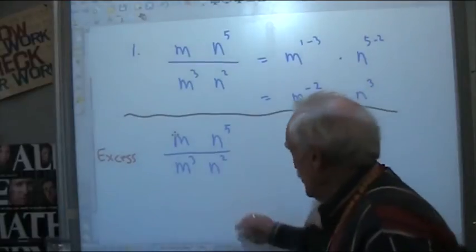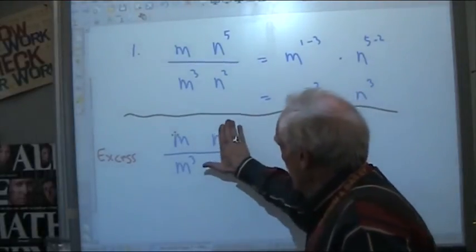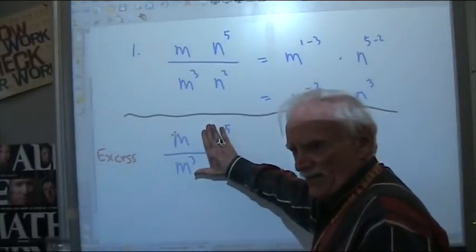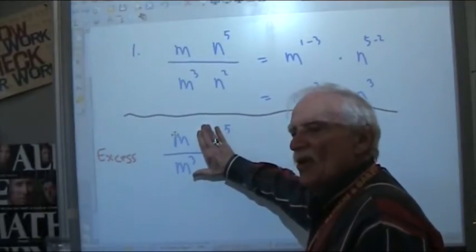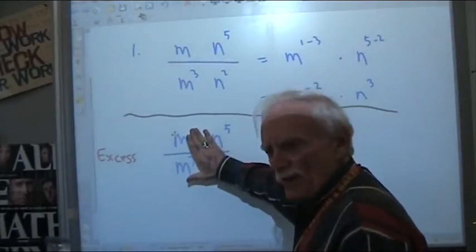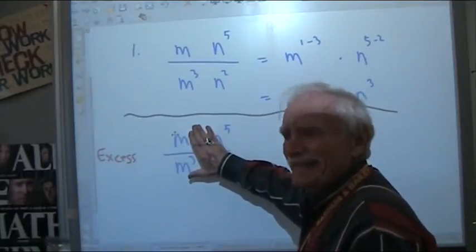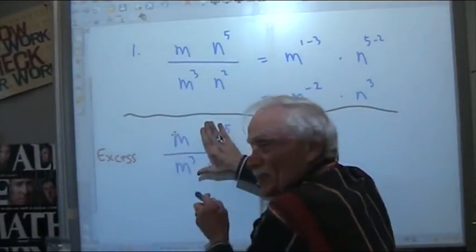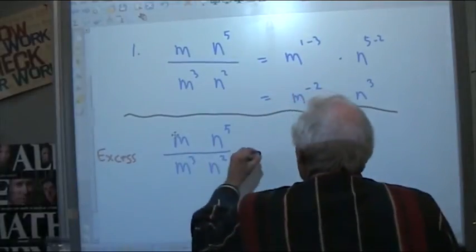I look at my m's and I ask myself, is there an excess of m's in either the numerator or the denominator? Where? Denominator. And how many are in excess? 2. Because there's just 1 in the numerator and 3 in the denominator, an excess of 2 in the denominator.